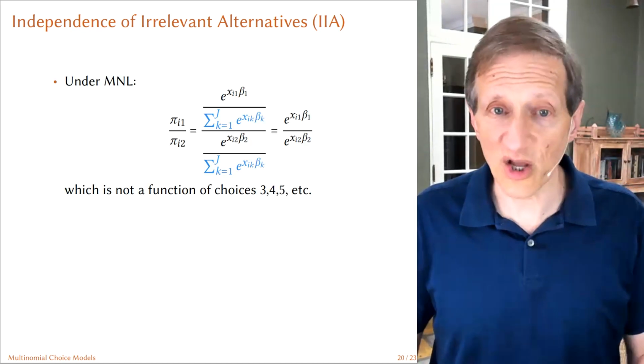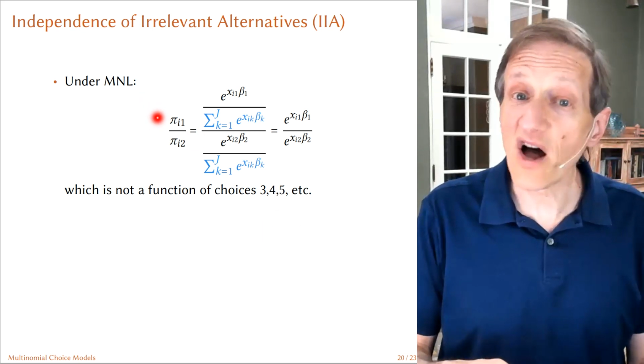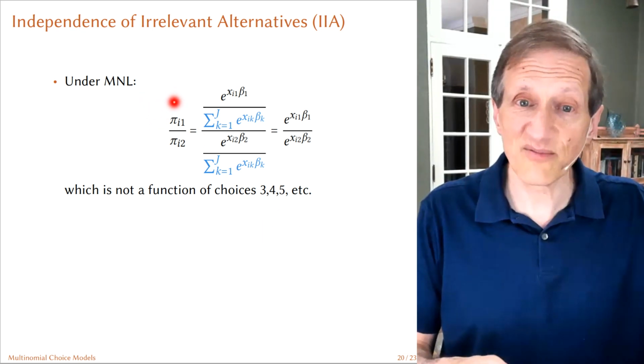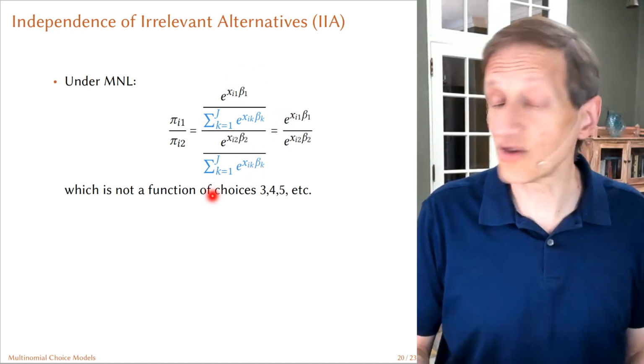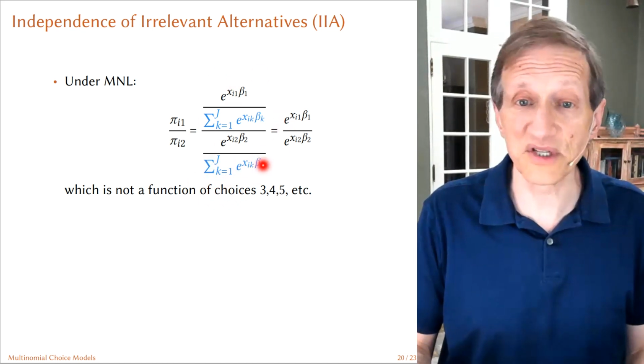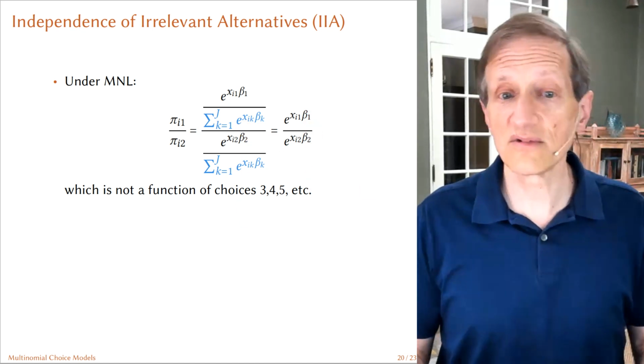Okay, under multinomial logit, the following is true. So pi_1, the probability of outcome 1, over the probability of outcome 2, is equal to this divided by this. Those are just the two systematic components. Remember, the denominators are the same. So it simplifies to this. No big deal.